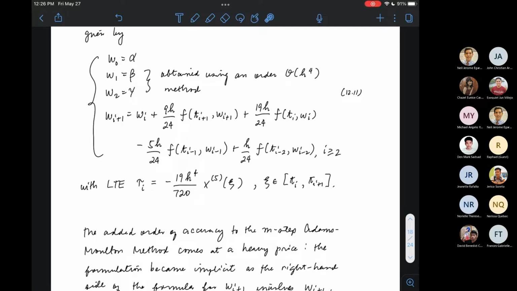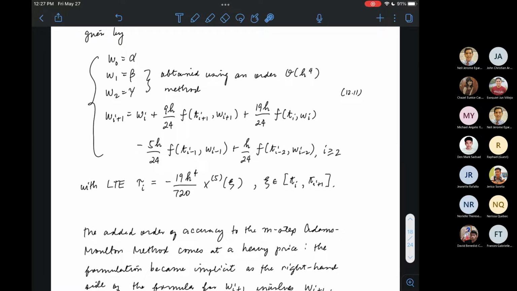Pwede kang mag-fixed point iteration, pwede kang mag-Newton-Raphson, alright? But we have learned that those methods may not converge. Pwede ka rin mag-secant method, pero kailangan mong i-check kung nagko-converge pa ba sila depending on the initial condition.